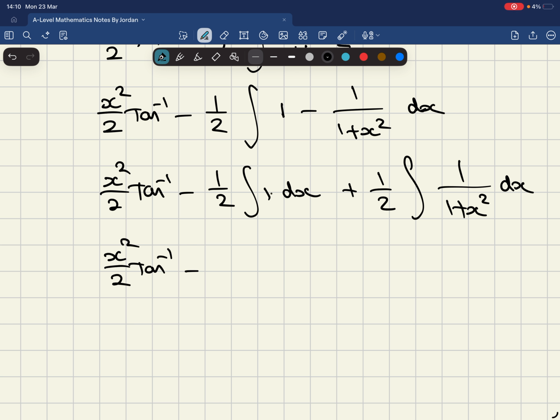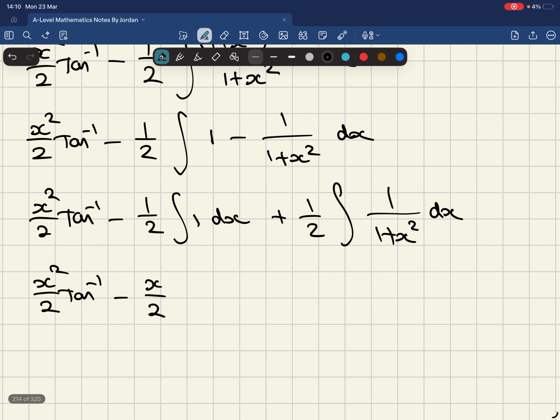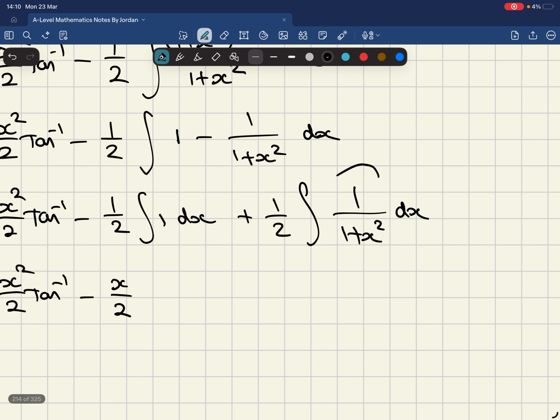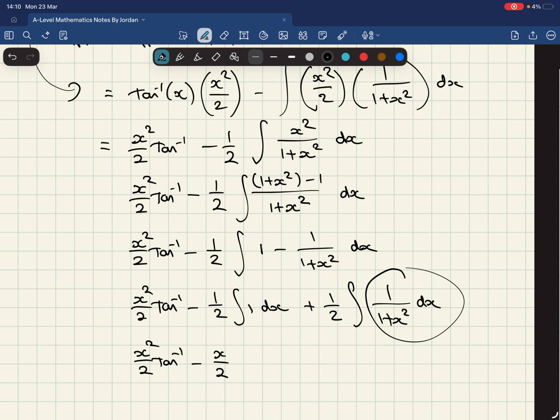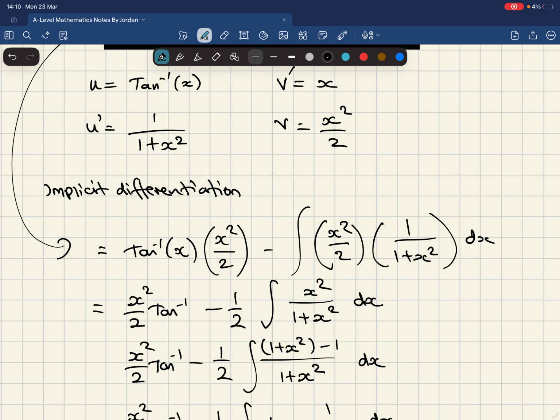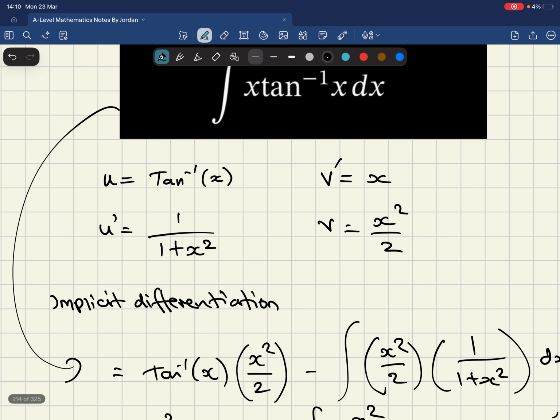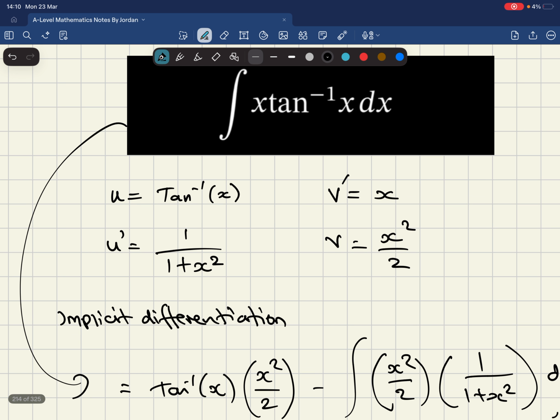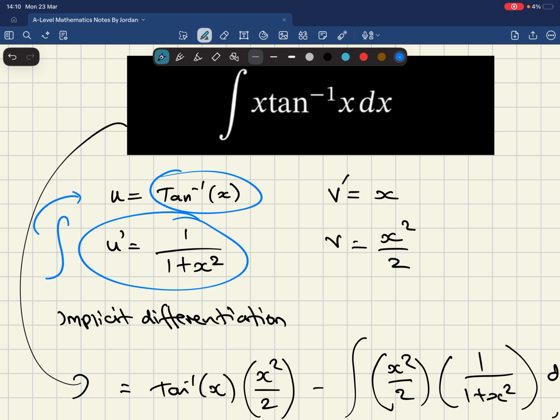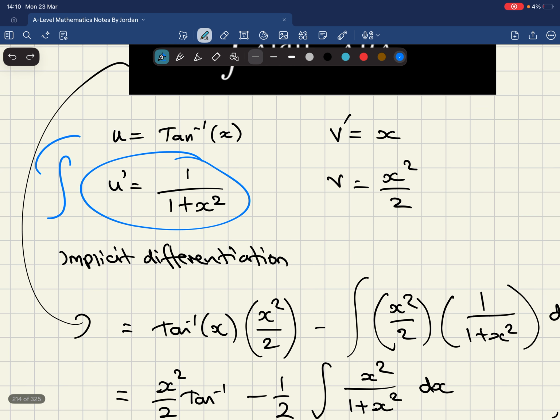Now, 1 goes to just x, so that's going to be x over 2, which is lovely. Then we've got the half here on this integral, but if you have a look at that integral, we've actually done that earlier, because effectively, if u dash is this, then when we integrate u dash, it goes to u, which is inverse tan of x.